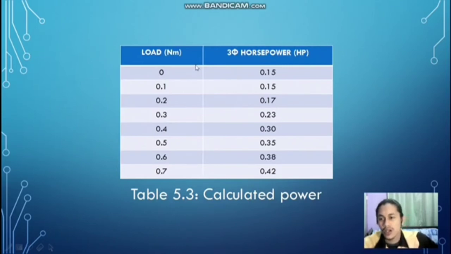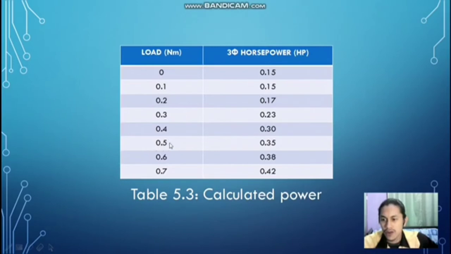For the first 0 Newton meter, it will get 0.15. For the 0.1 Nm, the horsepower is 0.15 HP. For the 0.2 Nm, the horsepower is 0.17 HP. For the 0.3 Nm, the horsepower is 0.23 HP. For the 0.4, the horsepower is 0.30.